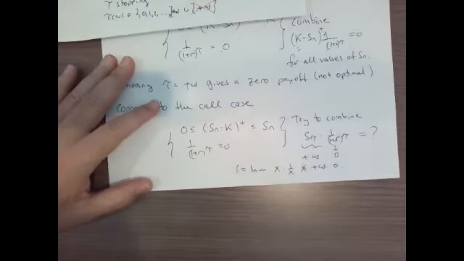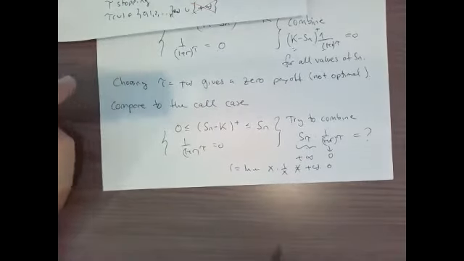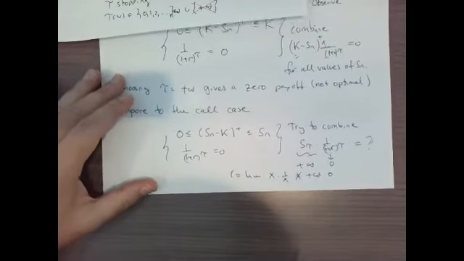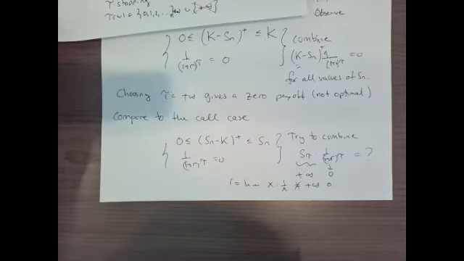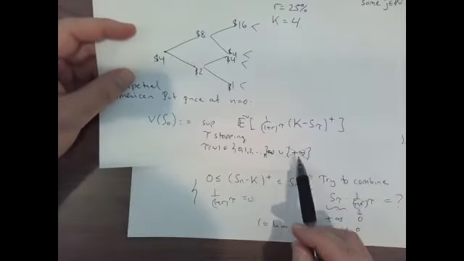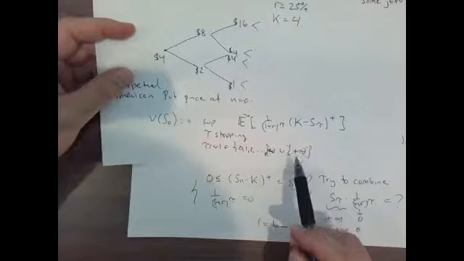So this is not true. In the put case, we don't have to worry about the stopping time taking on the value plus infinity because it's never going to be optimal to choose such a stopping time.